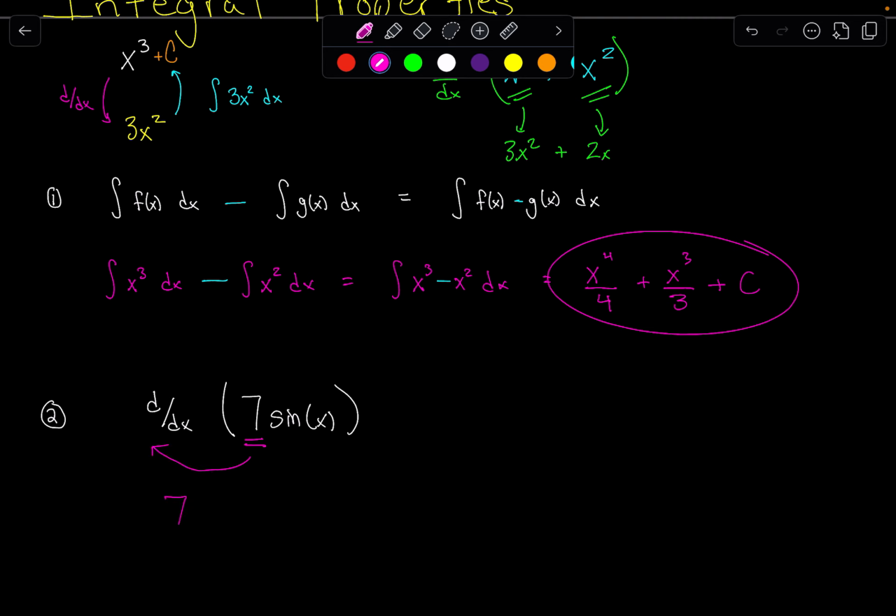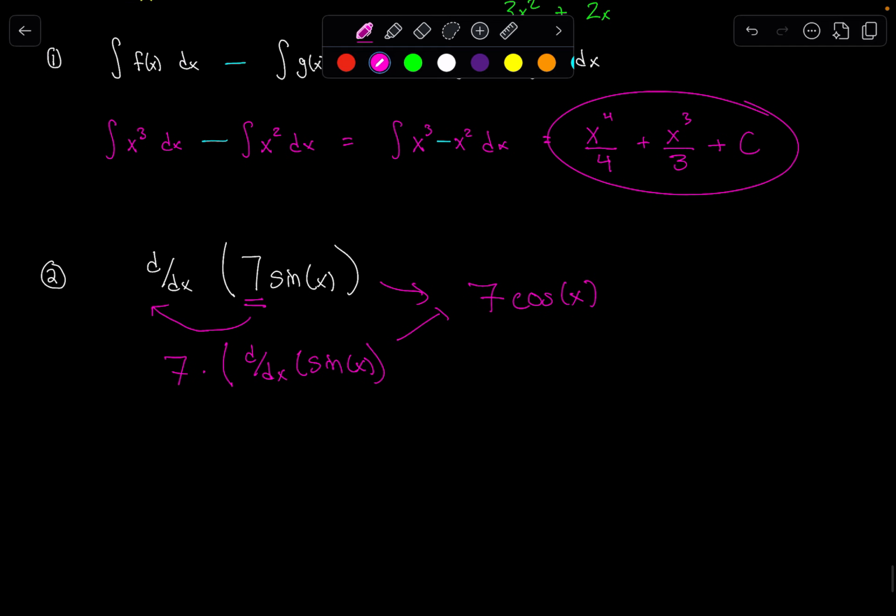I could always write this as 7 times the derivative of sine of x. We don't ever really write this out, but the point is that they both just mean that the answer is going to be 7 cosine of x. So we get to ignore that coefficient for a second, take the derivative, and then we're good to go. So we can pull out these coefficients.